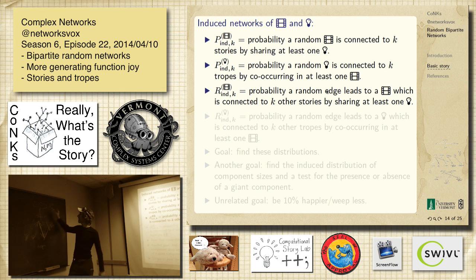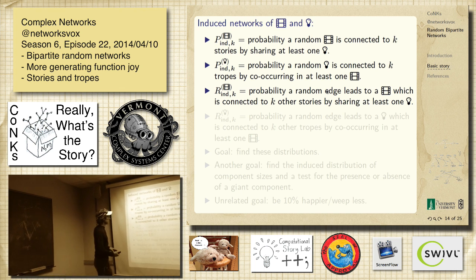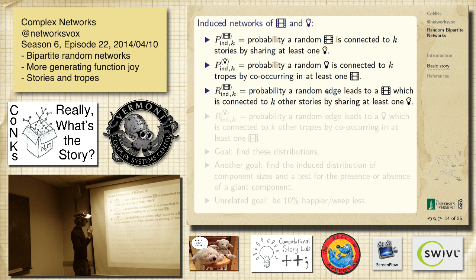So I'm going to run along this edge here. What's the probability that the story I end at is connected to k other stories?